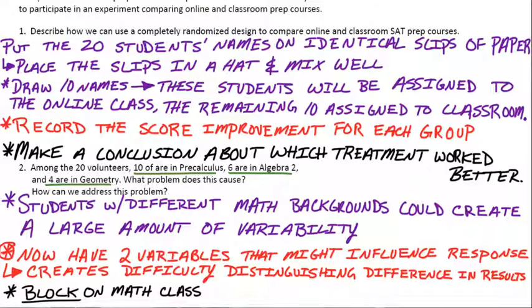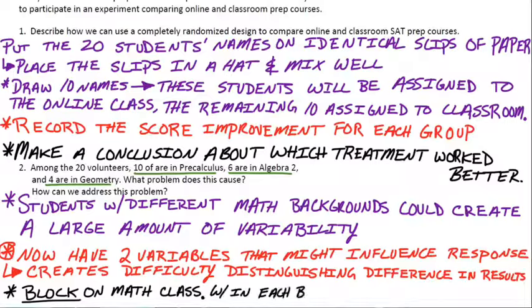So here's the key, and this is the key vocab term for today. We're going to block on math class. So that's our experimental vocab. We're going to block on math class, which basically means we're going to look at each math class and conduct the experiment within each class.